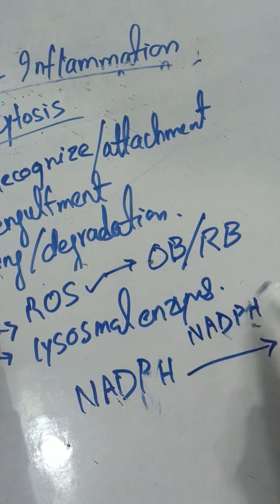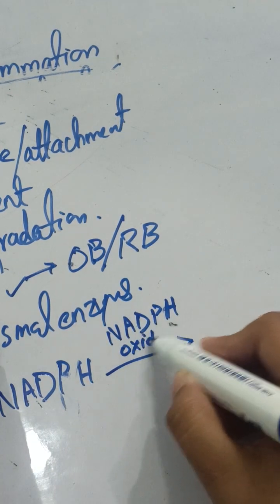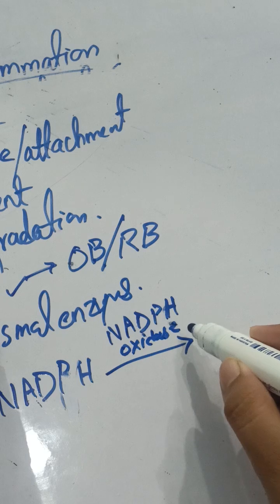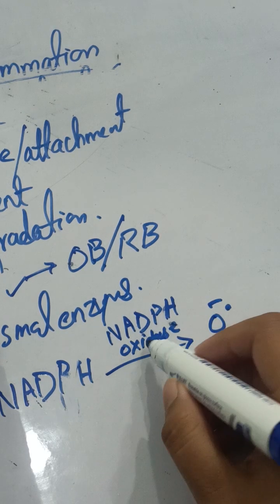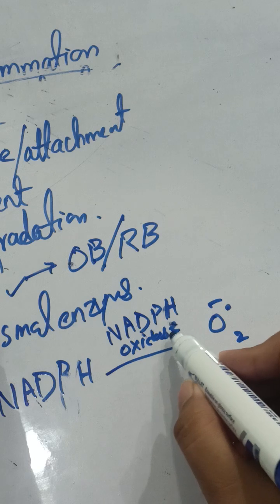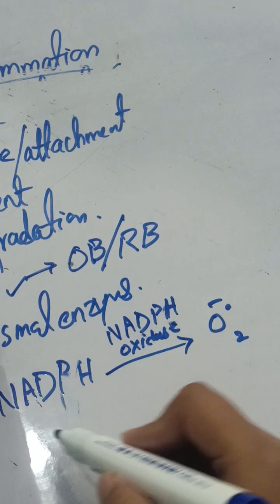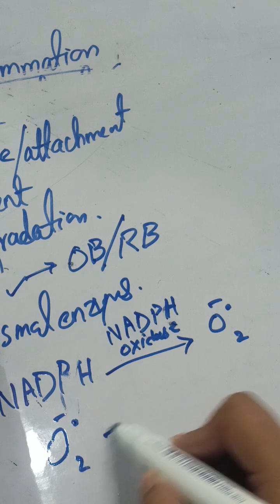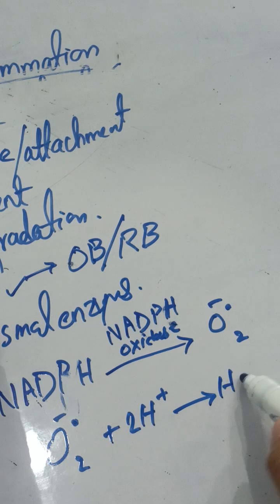So NADPH will convert into superoxide with the help of the enzyme NADPH oxidase. Then this superoxide will combine with 2H positive to form hydrogen peroxide, H2O2.